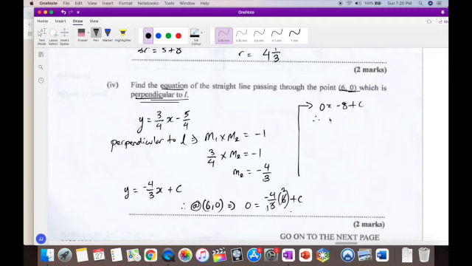So therefore c is positive 8, hence the equation of the perpendicular line is y is equal to negative 4 on 3 x plus 8.